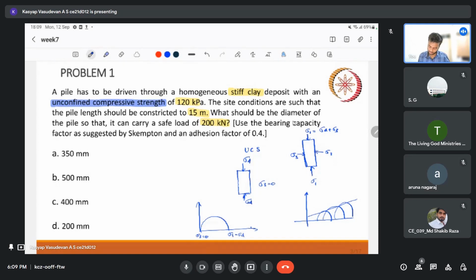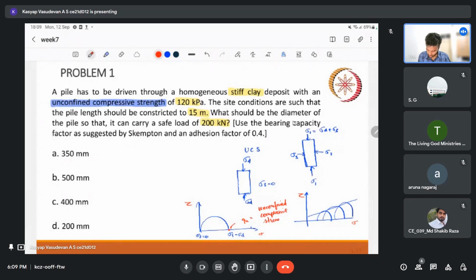Here it is tau and sigma, the Mohr-Coulomb space. This point is nothing but qu, which is called the unconfined compressive strength.